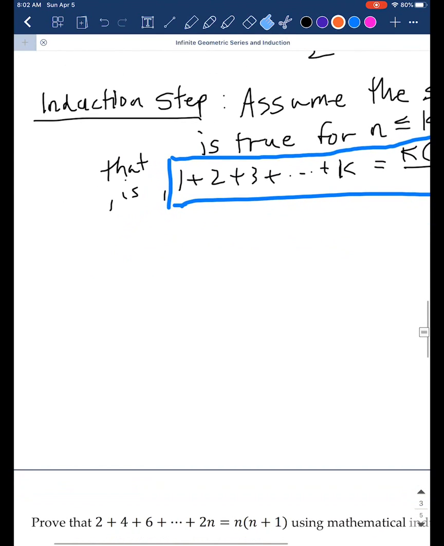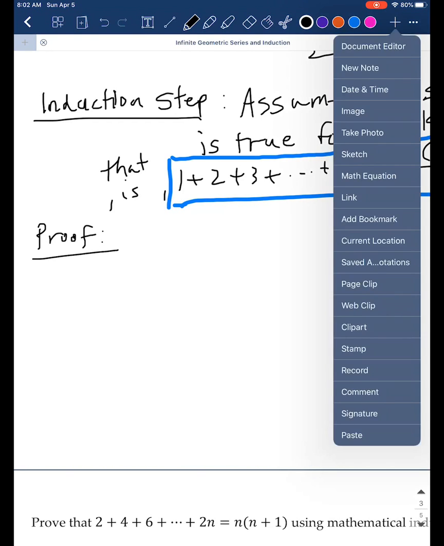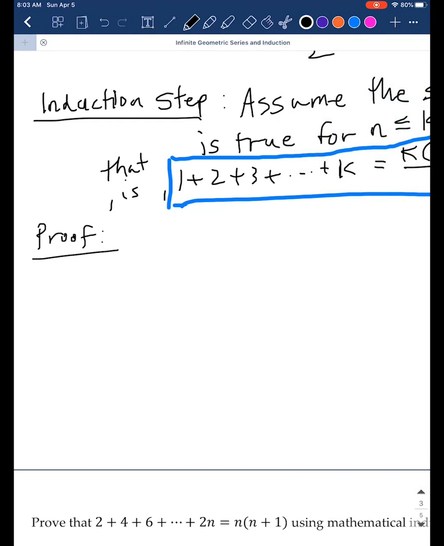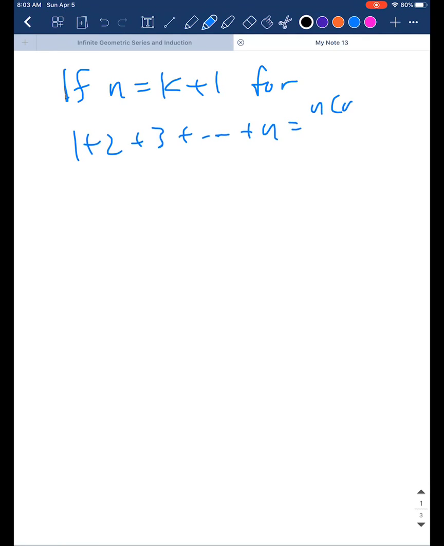So the last step then is the actual proof portion. And before we get to that proof portion, though, I want to quickly look at if n equals k plus 1 for my statement, so that's 1 plus 2 plus 3 plus ... plus n equals n times n plus 1 over 2.